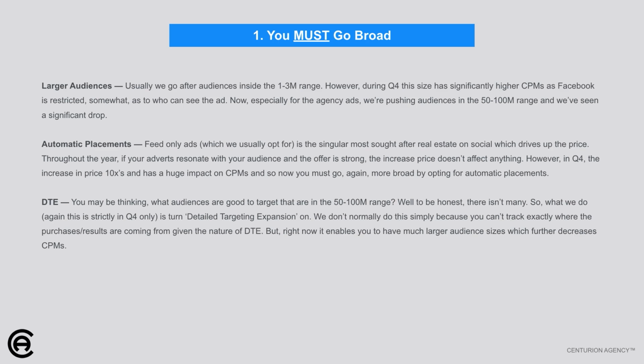We don't normally do this simply because you can't track exactly where the purchases and results are coming from, given the nature of DTE. But right now it enables you to have much larger audience sizes, which further decreases CPM. So, tying back in with my first point, you want audience sizes ideally above 20 million. But a lot of the targeting options you've got, if you were to do a singular interest, a lot of them won't be 20 million, first things first.